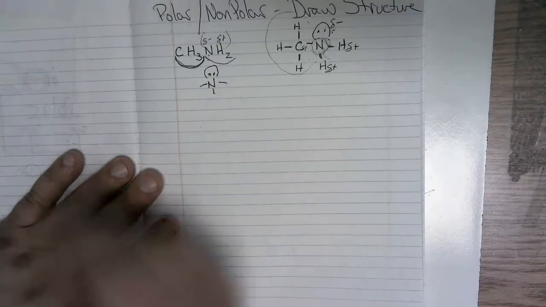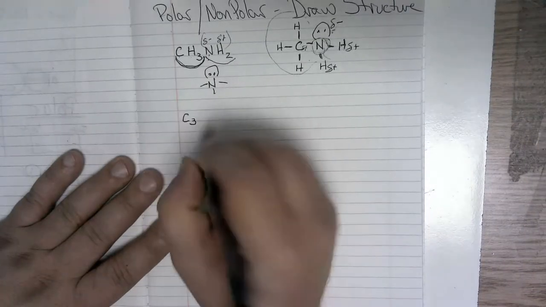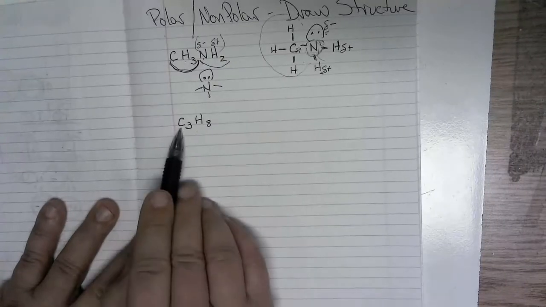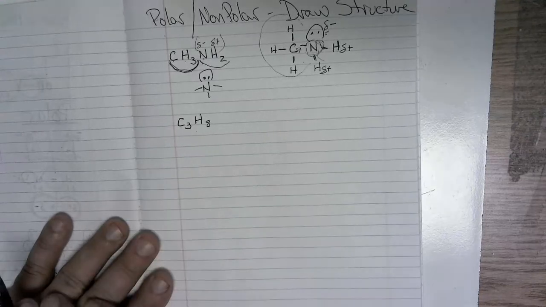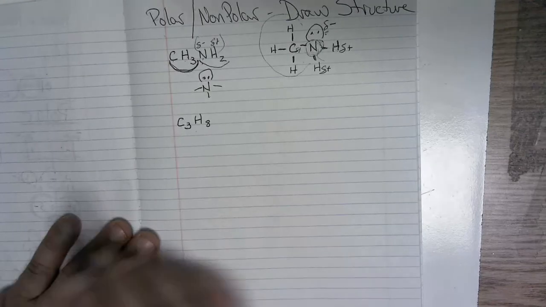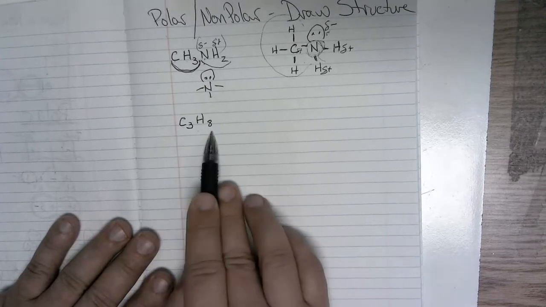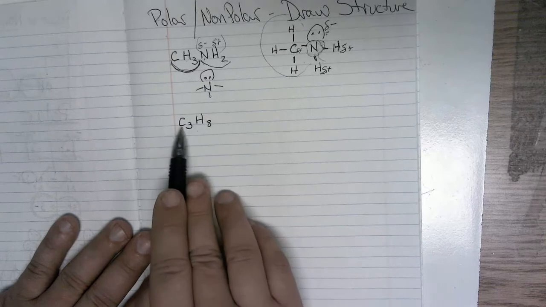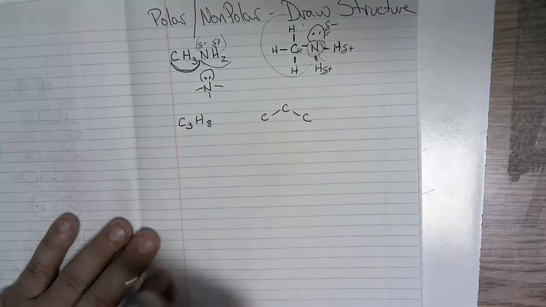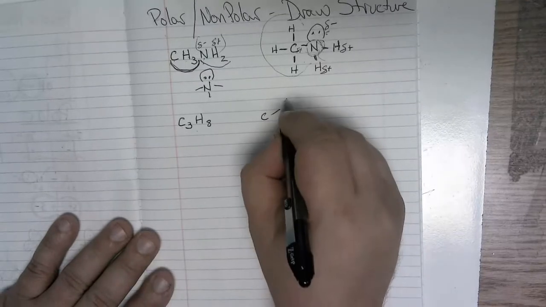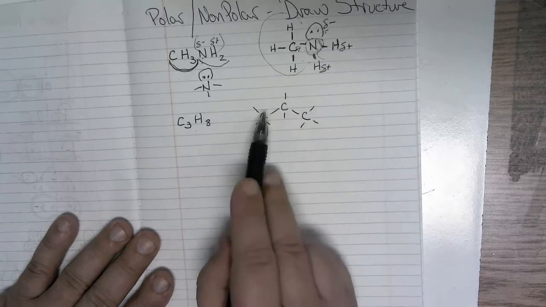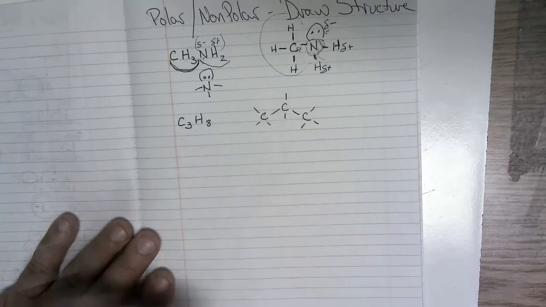Let's look at another one. Let's look at C3H8. All right, I know that carbon needs to make 4 bonds, and I know that hydrogen can only make 1 bond. So as I draw this structure, I'm going to connect 3 carbons together like this. And each carbon needs to make 4 bonds, so I can attach 3 more bonds onto the outer carbons and 2 onto the inner.